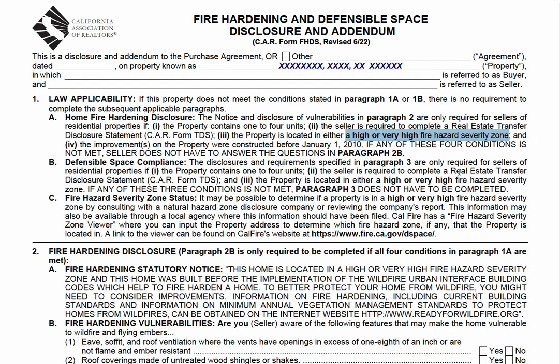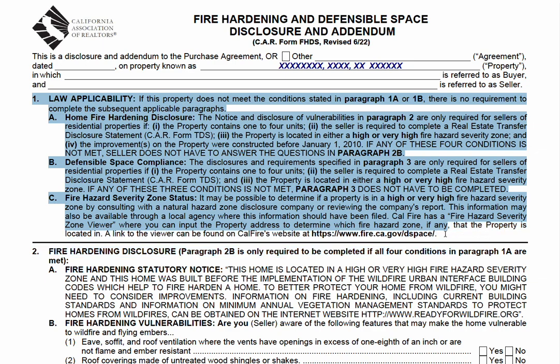If it's not in a high or very high fire hazard zone, don't do this form. It's that simple. Just check: is your property located in one of these zones? If it is, do it. If not, it's not required. There, we've simplified this whole paragraph. All you need to do as an agent or as a transaction coordinator is just check if the property is in a high zone. High, yes or no; if it's not, no form.